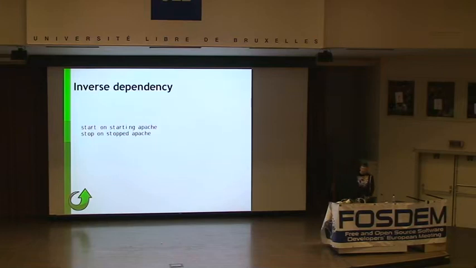Now, the interesting thing about this is the syntax is very slightly different to the syntax for a normal dependency, quite confusingly so. You actually just reverse the ing and ed: starting to started, stopping to stopped. And that's not exactly the easiest syntax in the world to use. And so 1.0 introduces before.